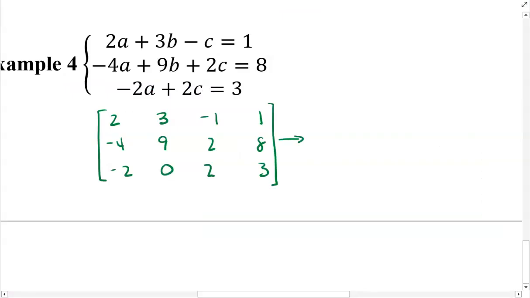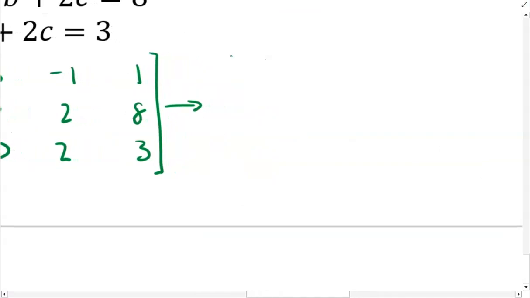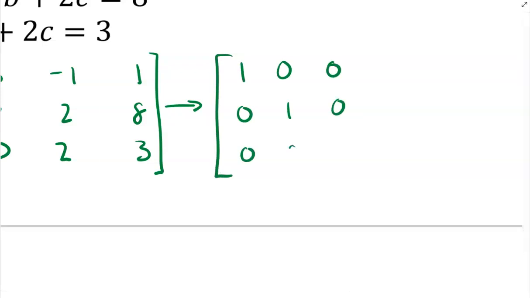Well, let me copy it down and then we'll talk again about what's being stated here. So we had 1, 0, 0, 0, 1, 0, 0, 0, 1. That's the pattern on the left side of the matrix. And on the right we had a 1/2, a 2/3, and a 2 as the result.